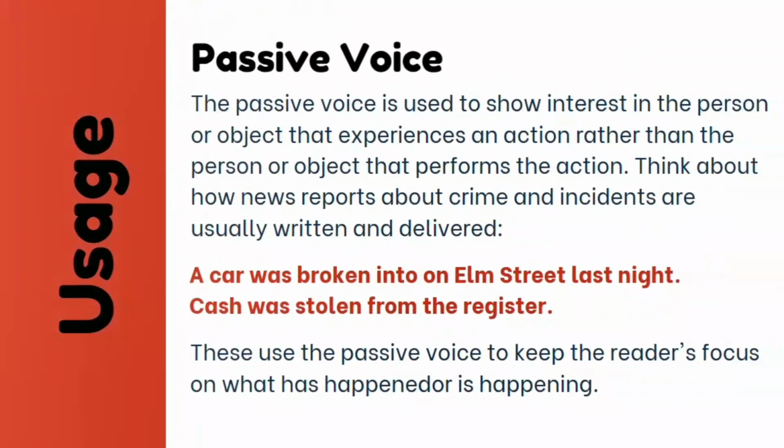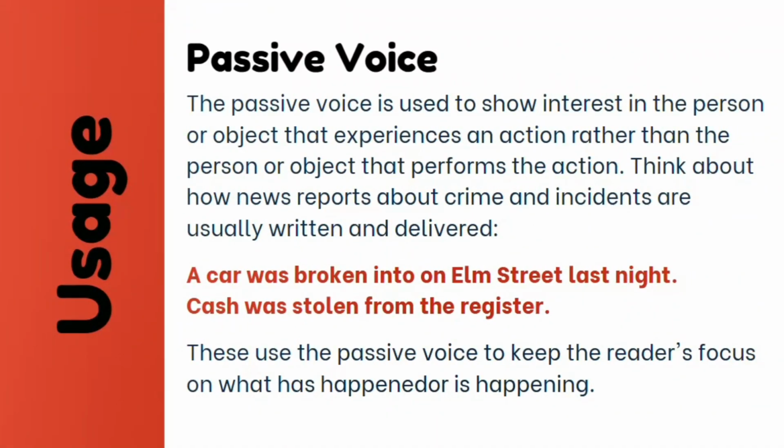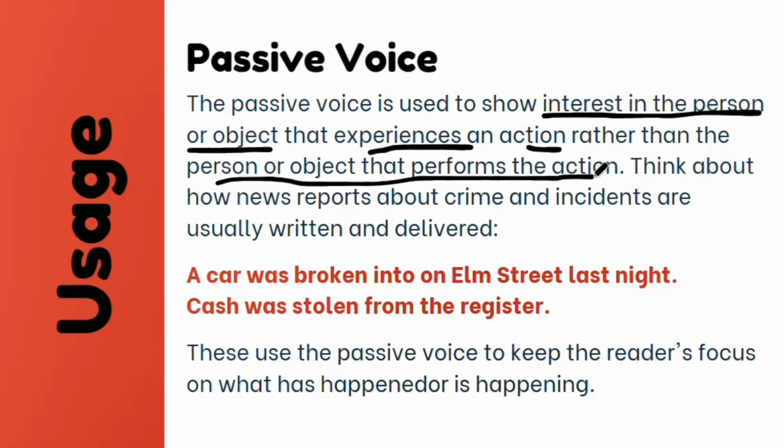Now let's talk about the usage of passive voice first and then how to make sentences in passive voice. So we use passive voice when we want to show interest in the person or the object that experiences an action rather than the person or object that performs the action.